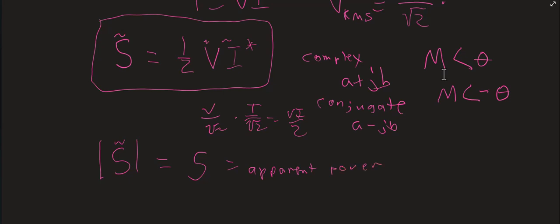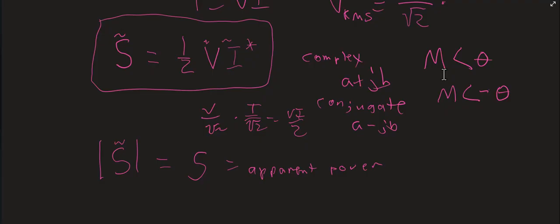And that just means the magnitude. But once you have found the complex power, you have the magnitude. So you don't have to do a separate computation to find the apparent power. If you find the complex power, you've found all the powers. You found everything. So that's why I just find the complex power. No matter what the problem asks for, I find the complex power, and then I see what it asks for.